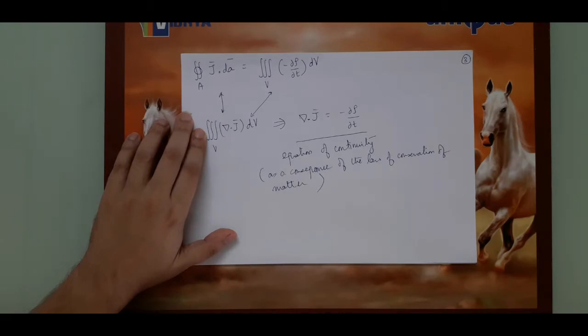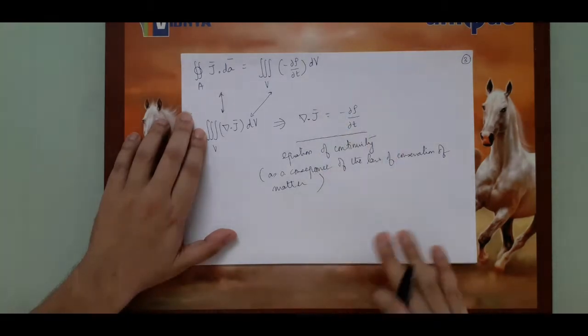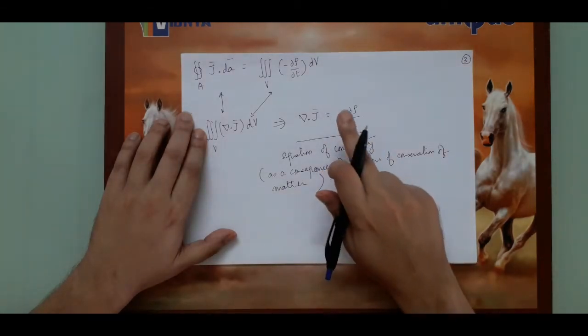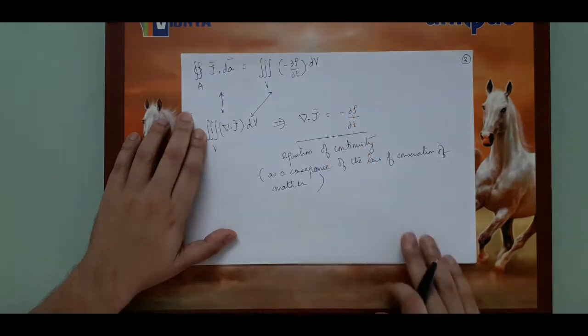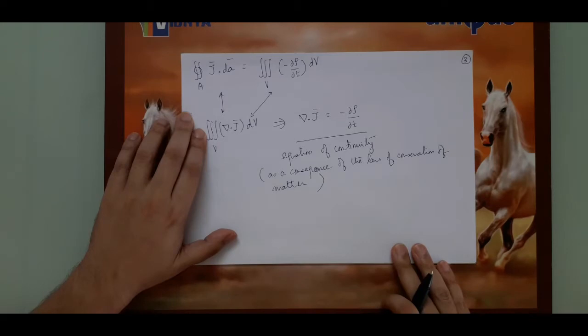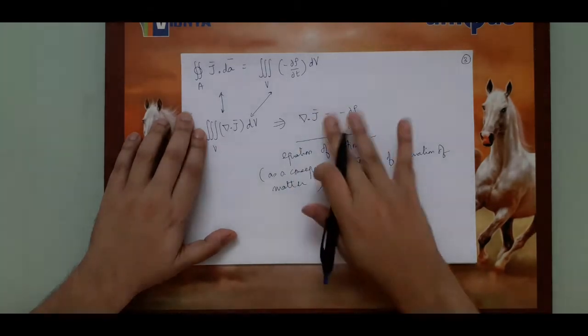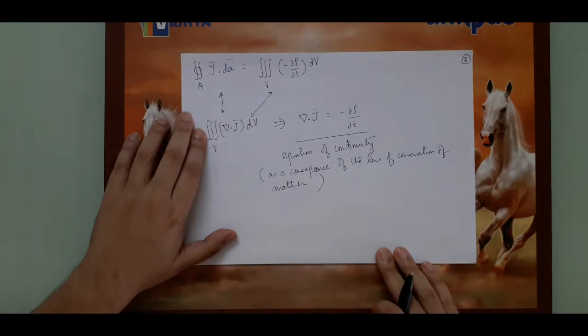So far it's okay. But Maxwell found that Ampere's law in the present form did not obey this continuity equation. The Ampere's law in the present form, what was proposed by Ampere, and that's what he also worked with, he saw that Ampere's law is inconsistent with the equation of continuity.